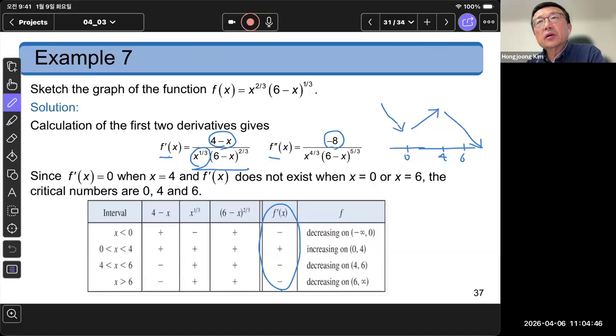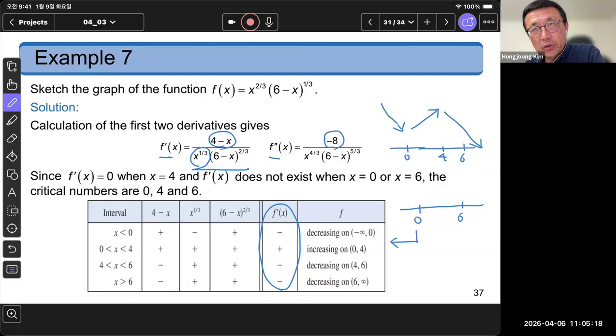So we need to consider 2 points, 0 and 6, for f double prime, and we consider these three regions for f double prime. Now to the left, what is the sign of this f double prime?